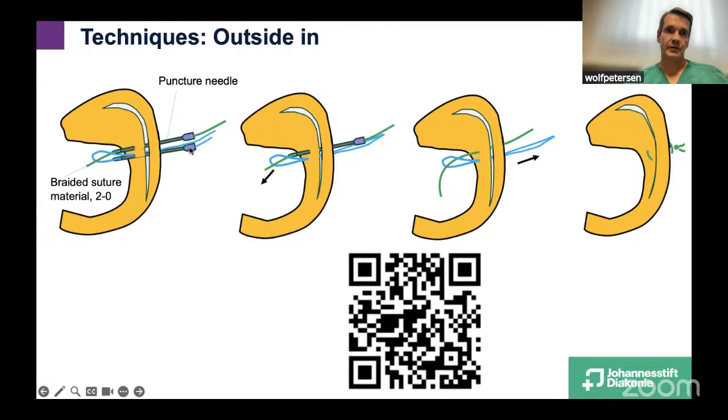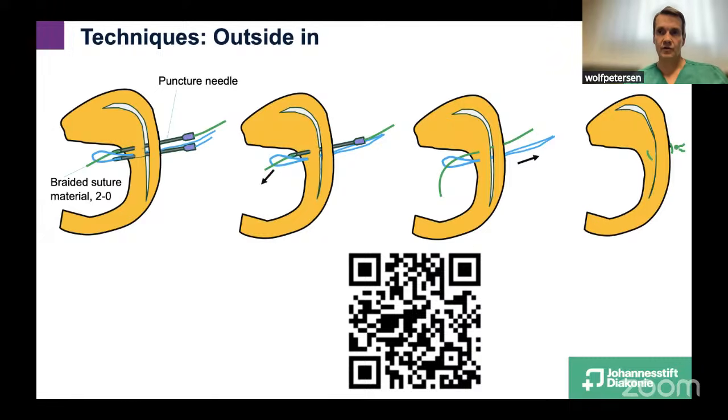Then you penetrate the meniscus with another needle where you have a suture loop, which ideally has another collar, and then you pass the first suture through the suture loop, as you can see here, and then you pull the loop back to pass the suture out of the joint. Then you can tie a knot at the joint capsule or at the base of the meniscus to repair the meniscus. Here with this QR code, you can see a video which is on my YouTube channel.